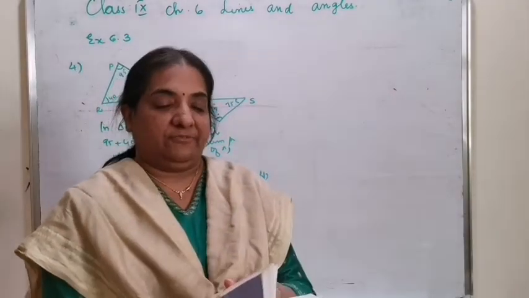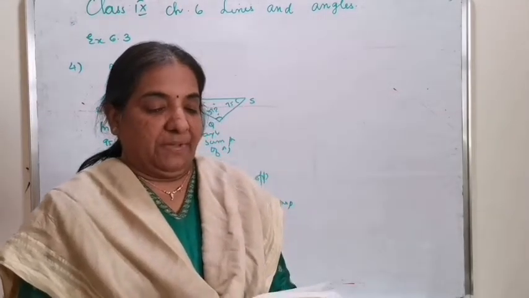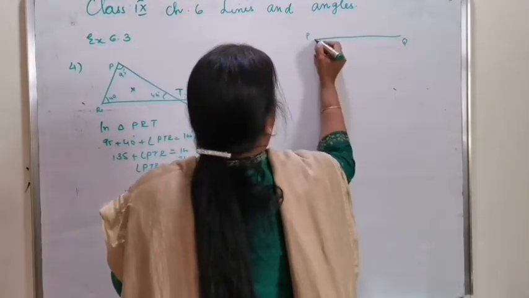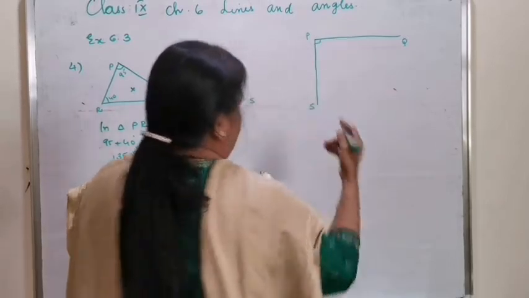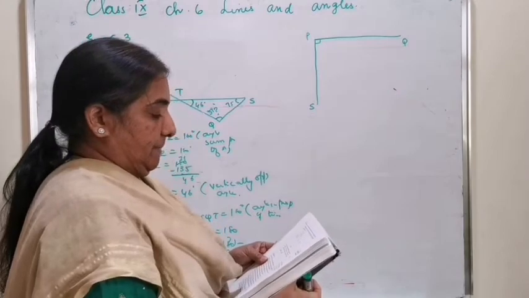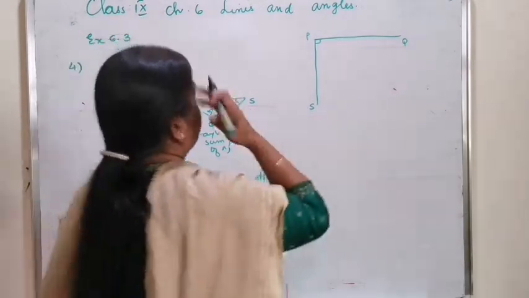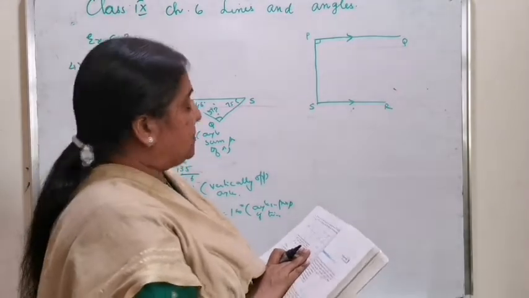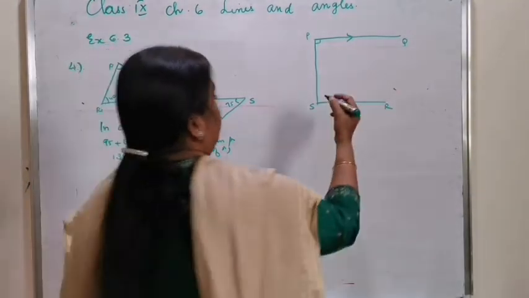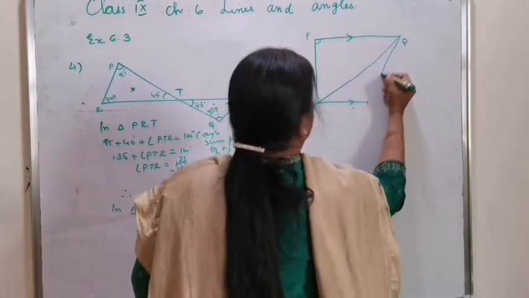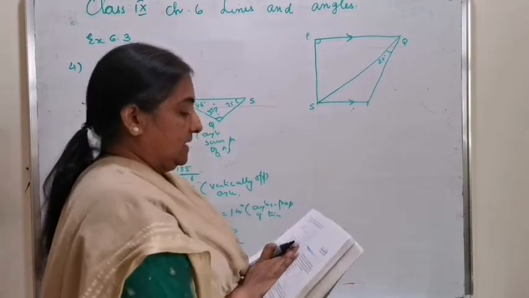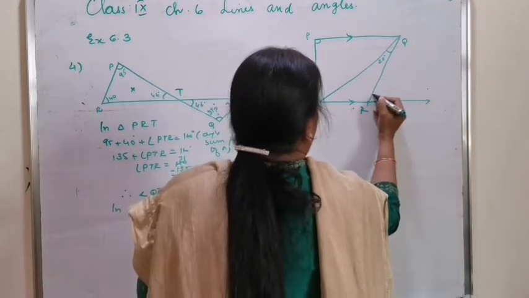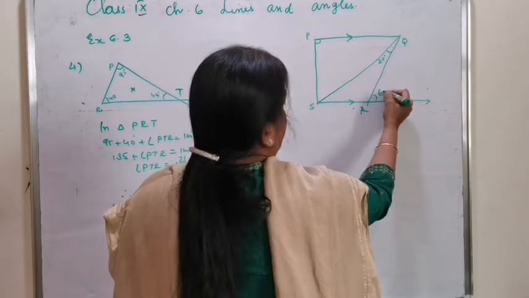Question number 5. If PQ is perpendicular to PS, and PQ is parallel to SR, angle SQR is equal to 28 degrees, and angle QRT is equal to 65 degrees.